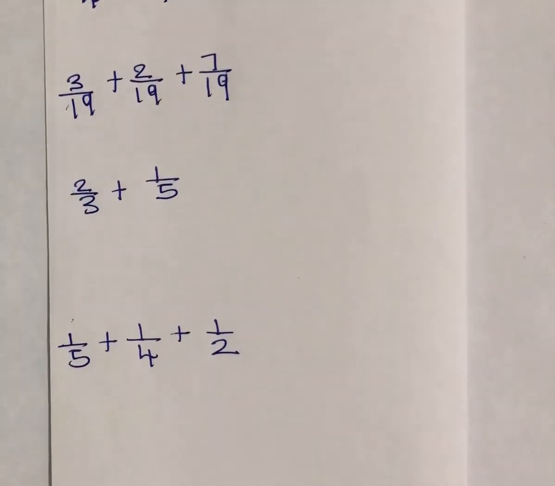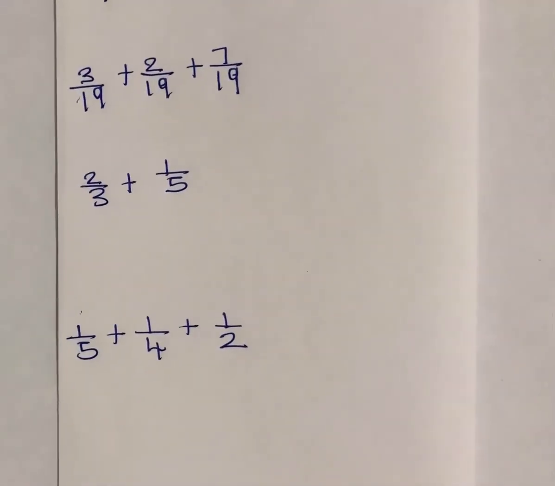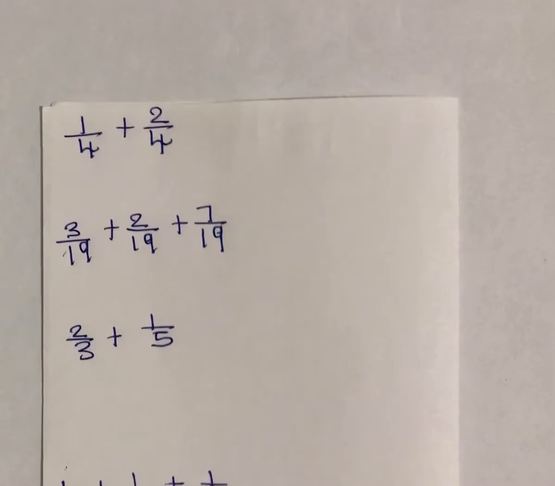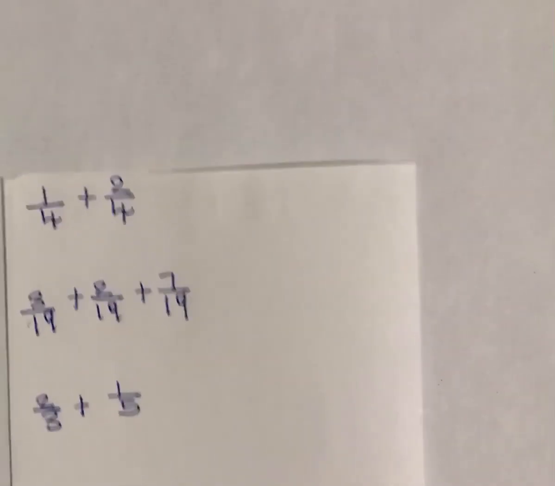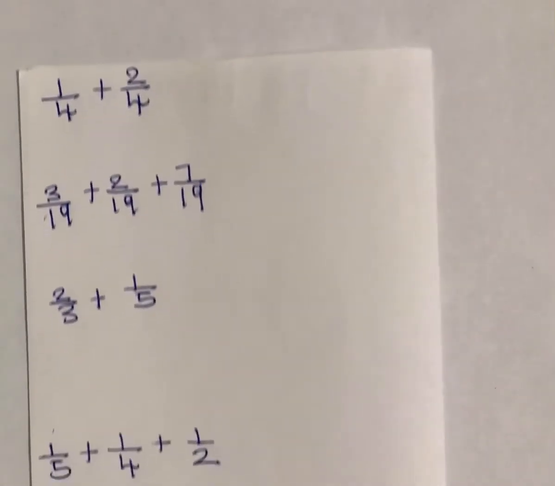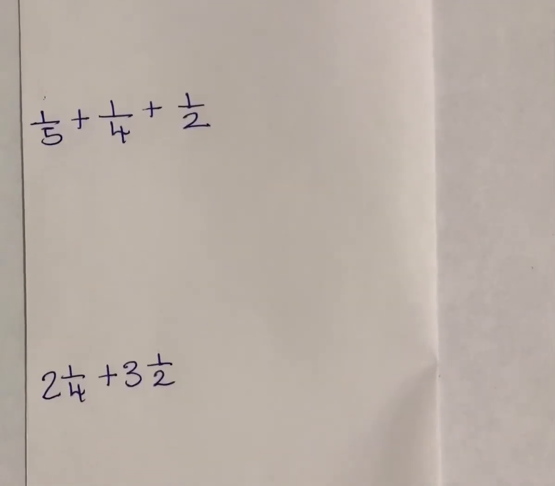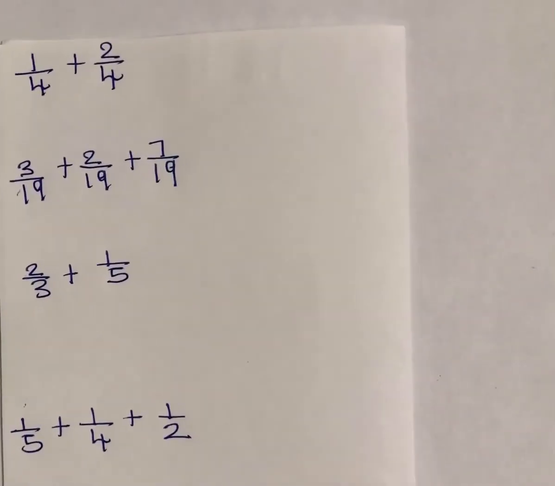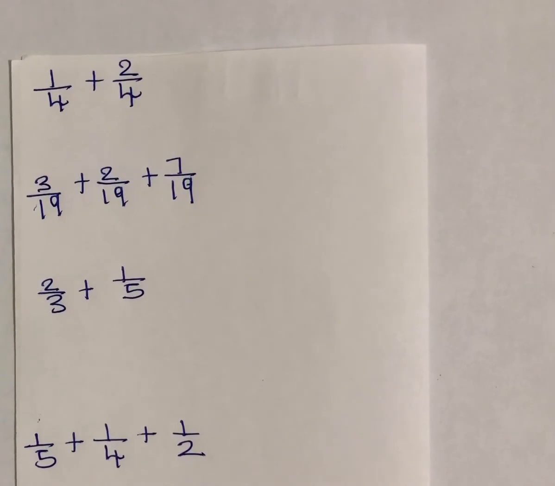Hello everyone. In this video, we are going to answer a number of questions, 6 questions to be exact, based on the addition of fractions. All right? We know that this is a topic some students are not comfortable with.